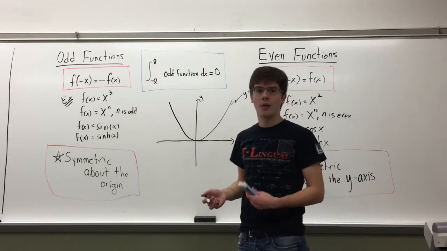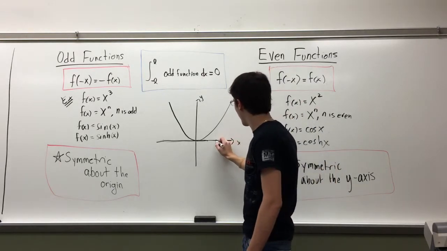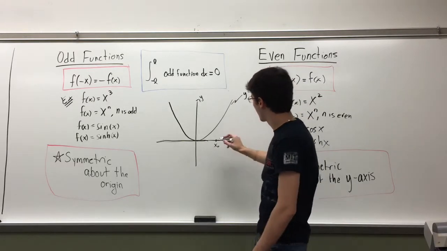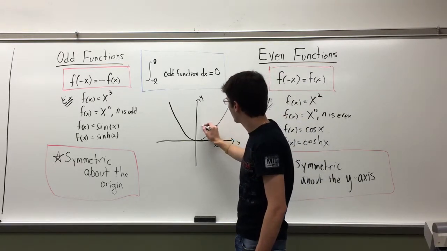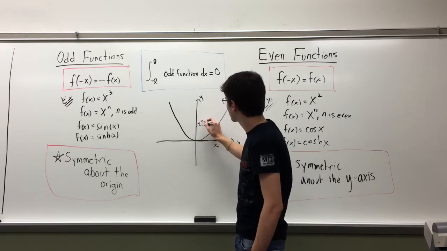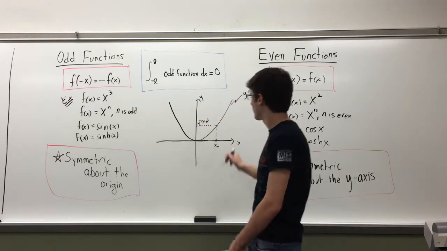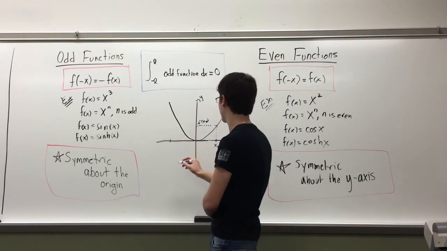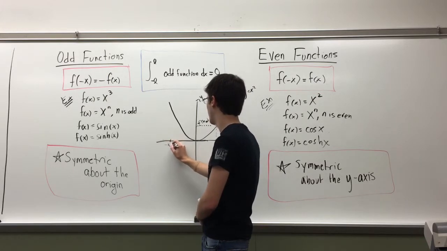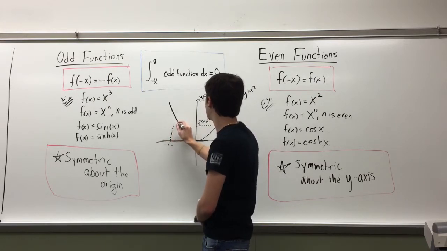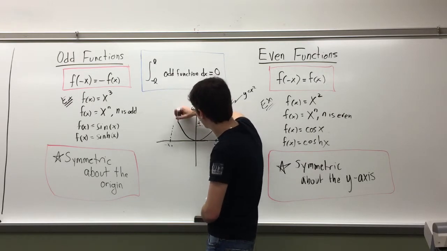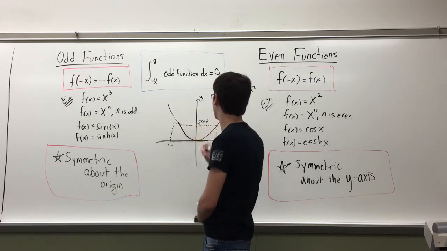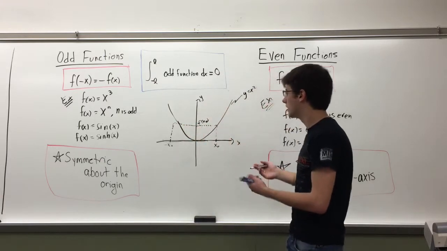So the way to think about even functions is, if you have a value x naught in the positive direction, we're going to have a corresponding value f of x naught. But if we go the same distance the other way and get a value f of negative x naught, we need to get, if my parabola was drawn more to scale, the same f of x naught. So this is how you think of it.